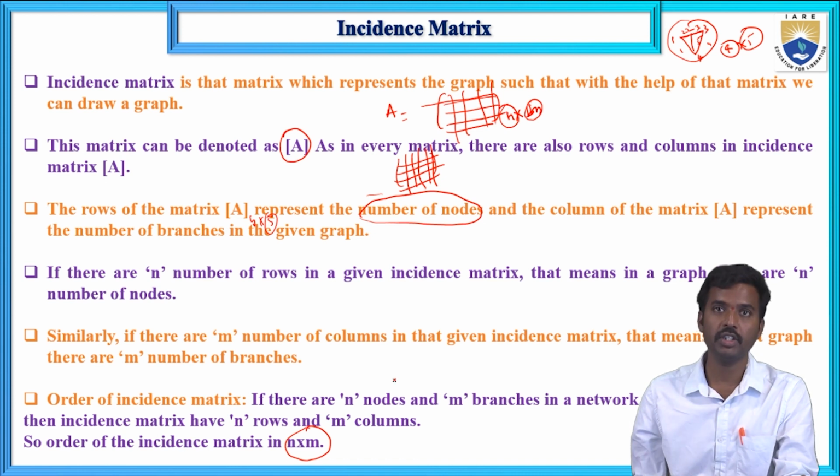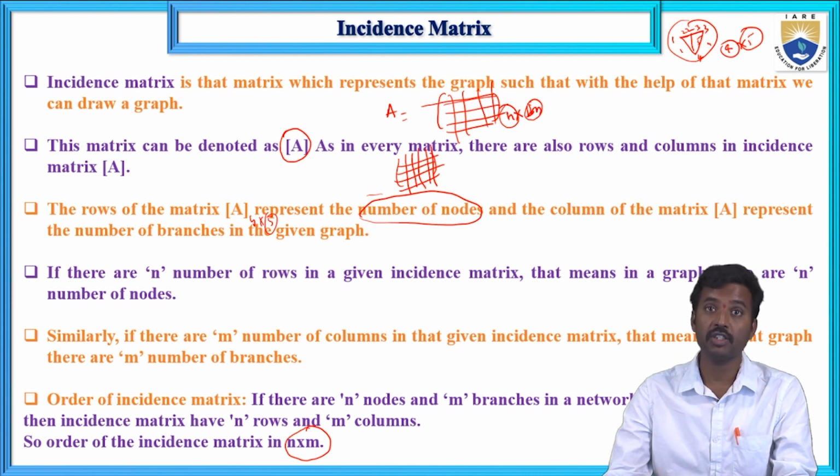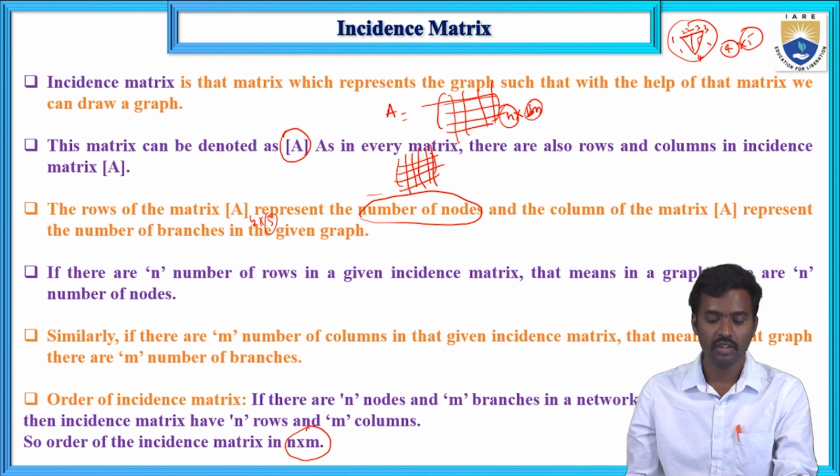If there are n nodes, here 4 nodes in the graph, the incidence matrix has n rows, meaning 4 rows, and m columns, where m represents the number of branches and n represents the number of nodes. It is represented with A, and from the incidence matrix we can draw the network graph. Here n indicates rows, that is the number of nodes, and m indicates the number of columns, that means the number of branches in the graph.